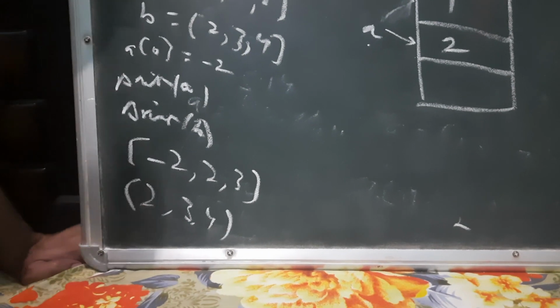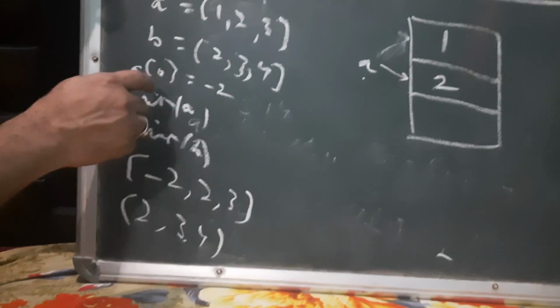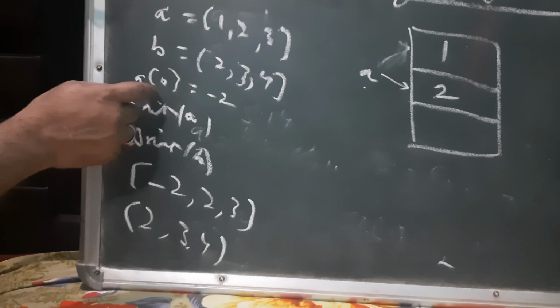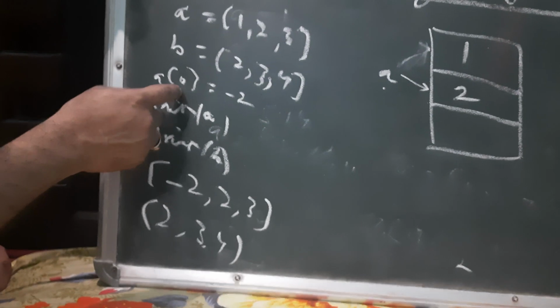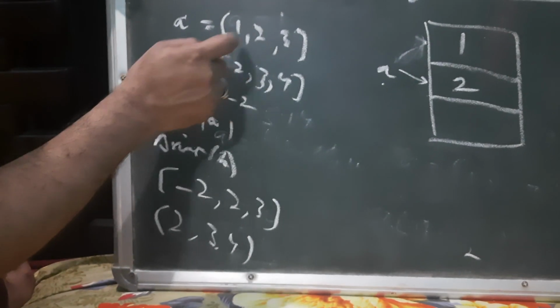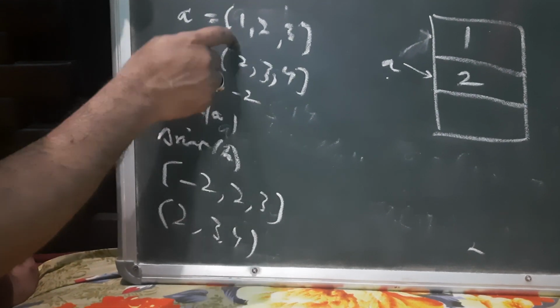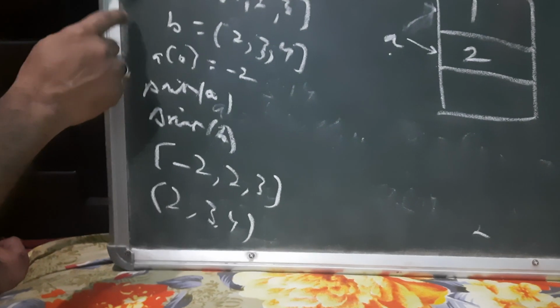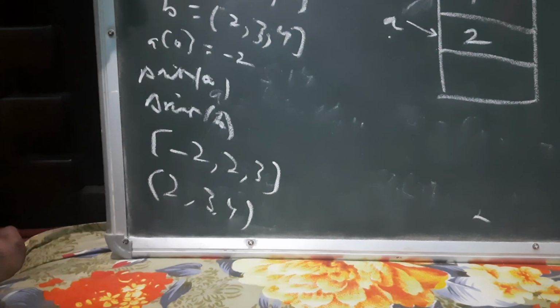Now both refer to different lists, so the change made in A through this indexing operation is made only in the list pointed to by A, not in B, because B refers to a different list.